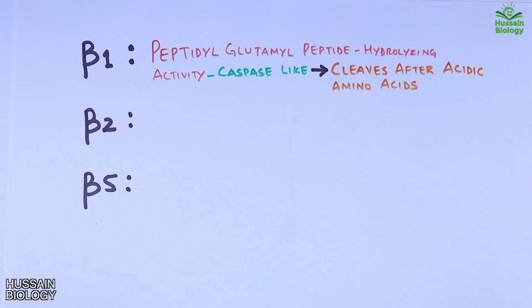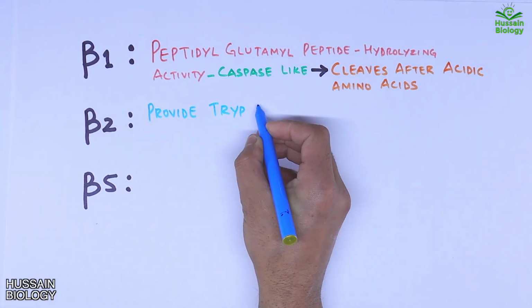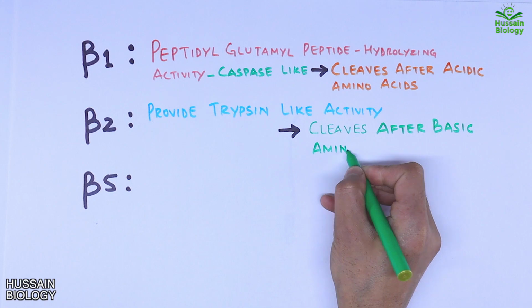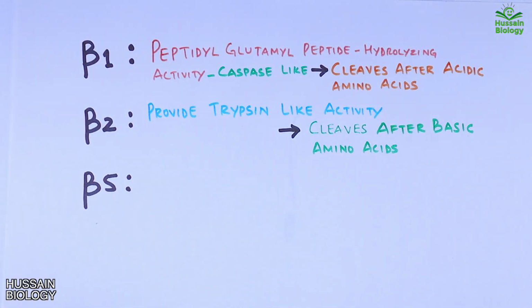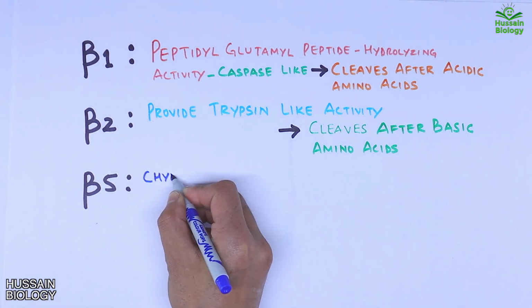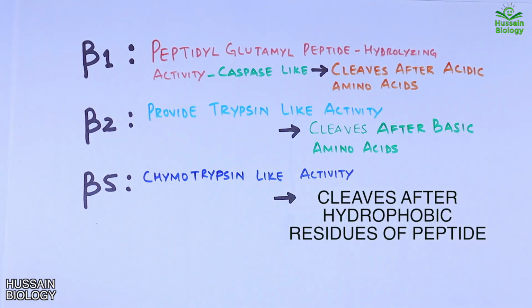Second catalytic residue is the beta 2, also known as PSMB7. This protein has trypsin-like activity and is capable of cleaving after basic amino acid residues of the peptide. Third one is the beta 5, also known as PSMB5. This protein has chymotrypsin-like activity and is capable of cleaving after large hydrophobic residues of the peptide.